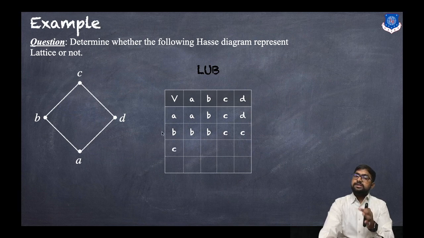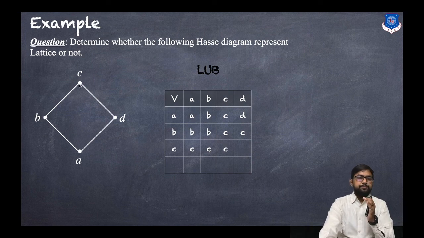Now consider C. In AC it was C, so in CA also it will be C. In BC it was C, so in CB it will be C. And CC, obviously it will be C as it is the same point.